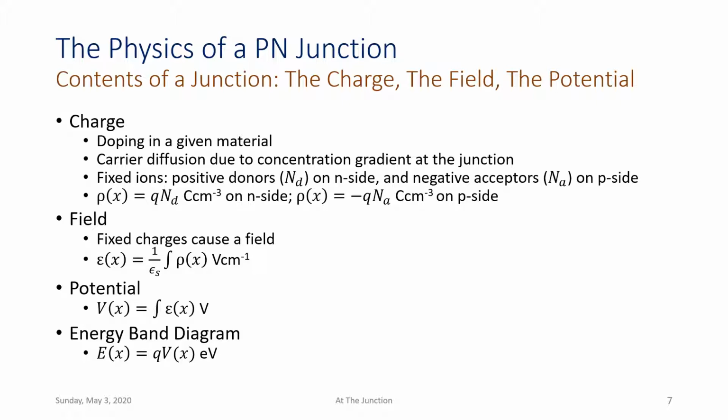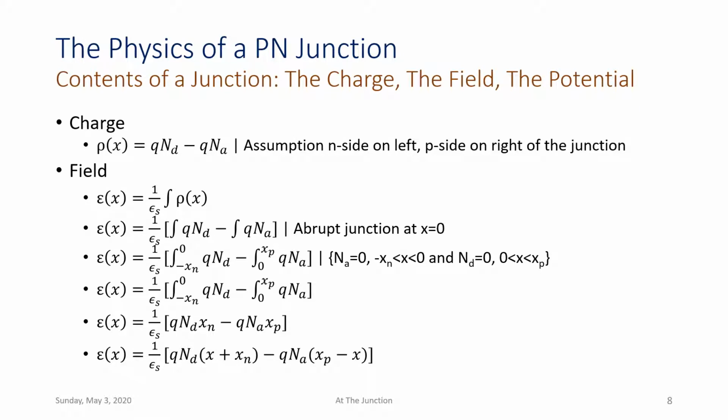The integral of the electric field provides us the potential, and Q, the charge, 1.6 times 10 to the power minus 19, times the voltage provides us the energy. We could express this energy in electron volts. Let us look at these contents of a junction in a bit more detail.